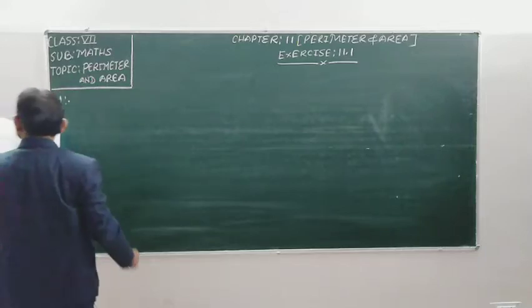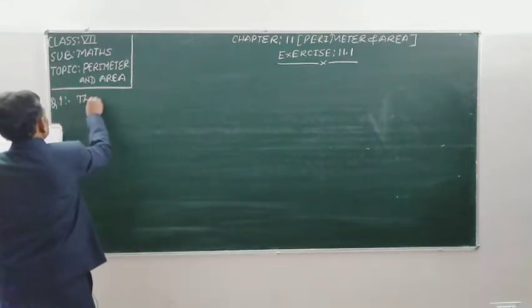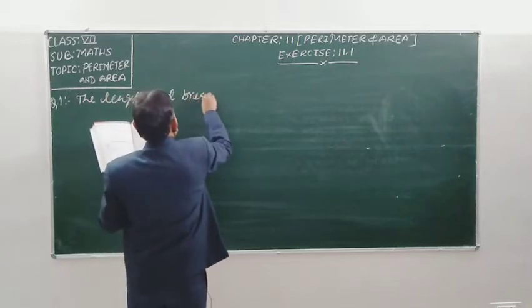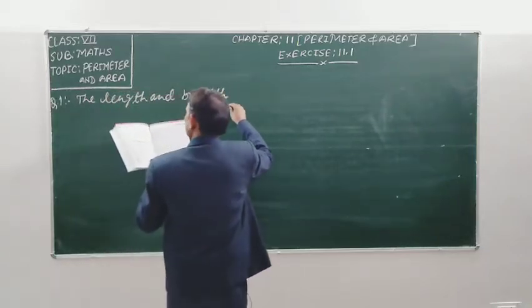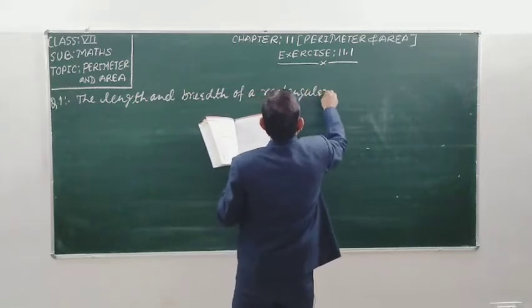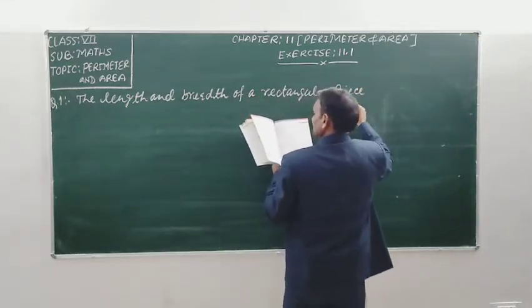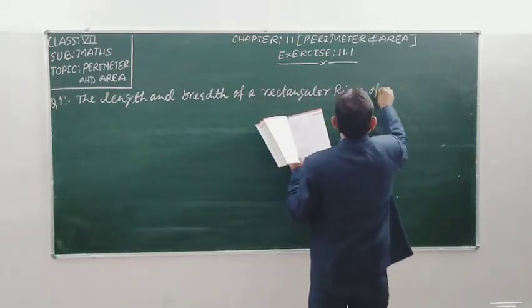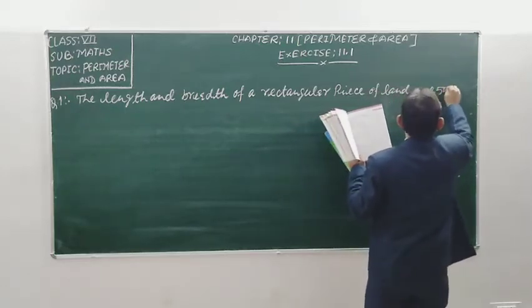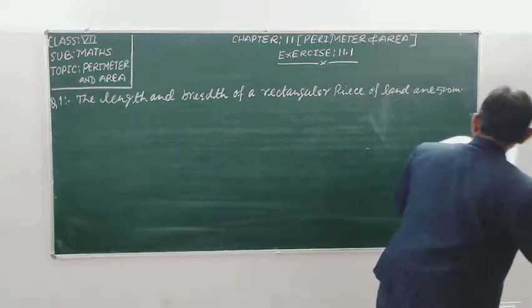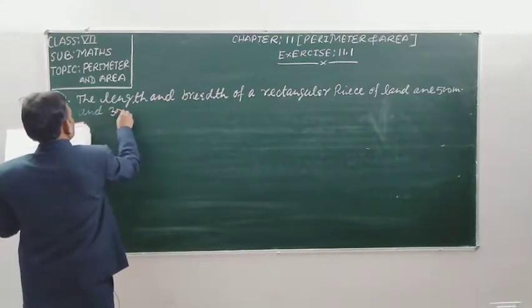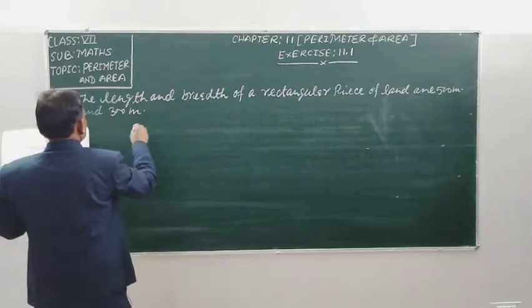Question number one: the length and breadth of a rectangular piece of land are 500 meter and 300 meter respectively.